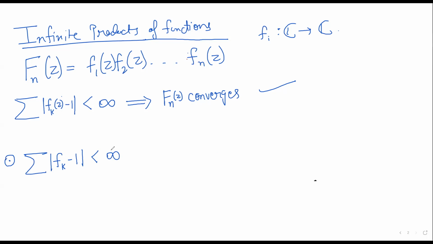So should I explain what I mean by uniform convergence here? No, you have to unpack a lot of things, but when you do it, it's very easy. These are just functions, and the convergence of this means convergence of this.